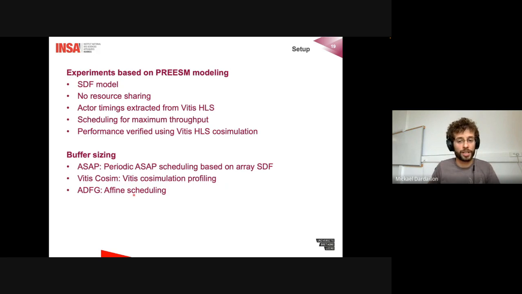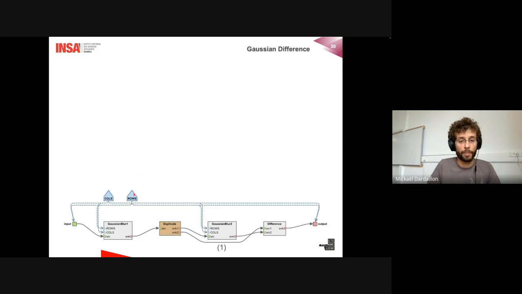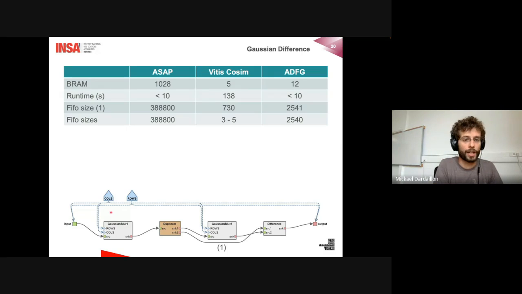I'm going to compare that on 3 applications, which are completely implemented and functional on FPGA. First is Gaussian difference, our running example from all the slides that you've seen before. We get those 3 approaches: ASAP, Vitis cosim, and ADFG. What I'm interested in is BRAM, the amount of memory used inside the FPGA by the FIFOs.